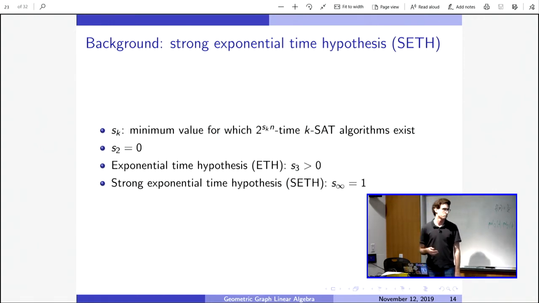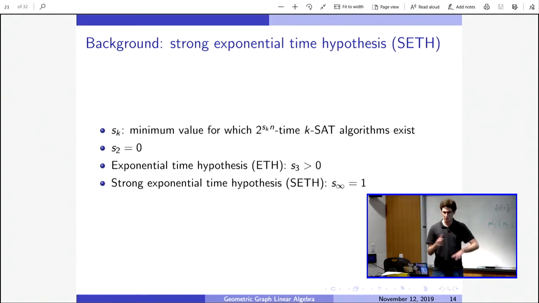We need to have shared beliefs about complexity theory, or at least suspended beliefs about complexity theory. The strong exponential time hypothesis is a statement about algorithms that solve KSAT. In particular, let s_k be the minimum value for which a 2 to the s_k times n time algorithm exists for solving KSAT.